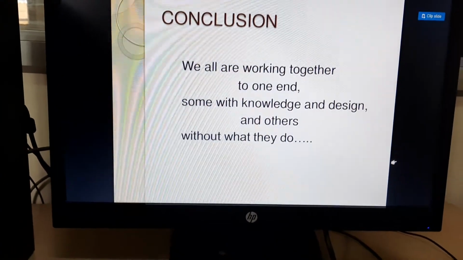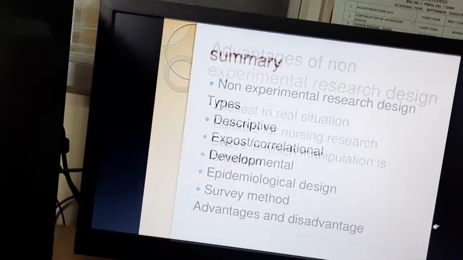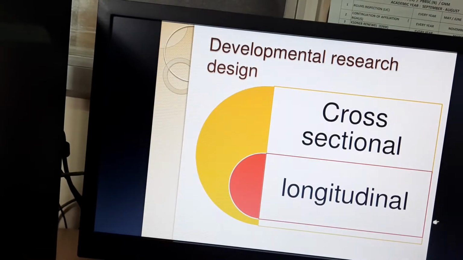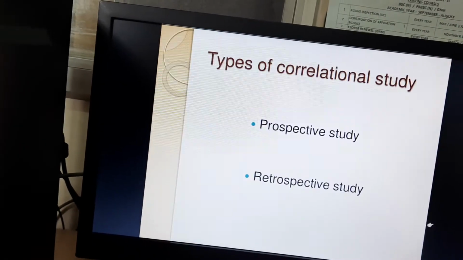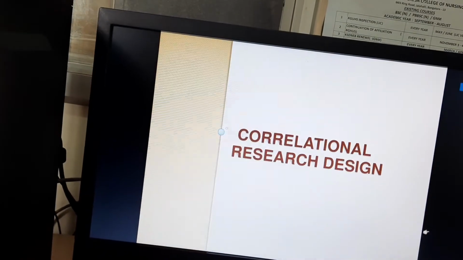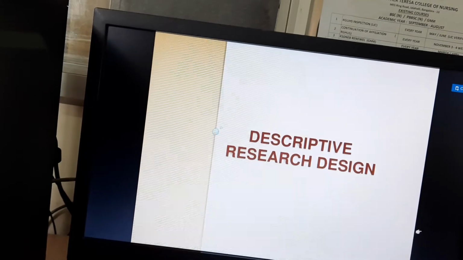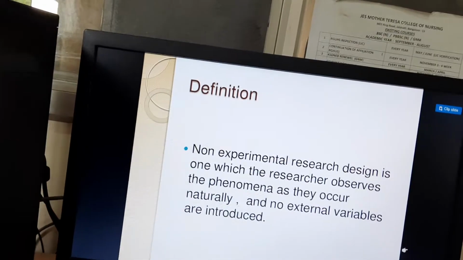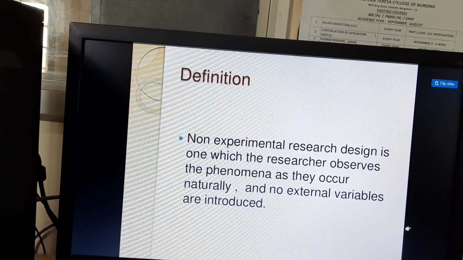So once again I'll tell you what we have discussed. Non-experimental research design is one in which the researcher observes.